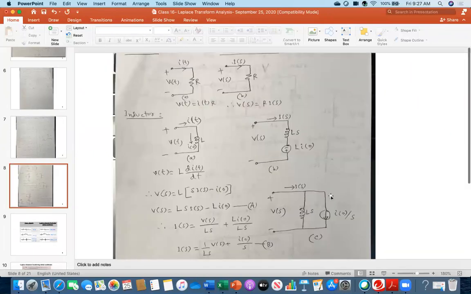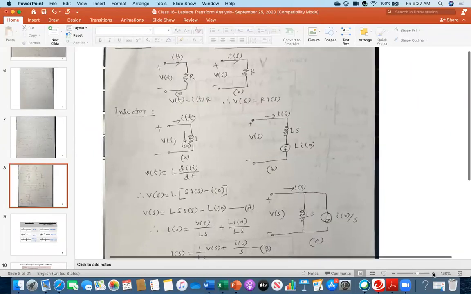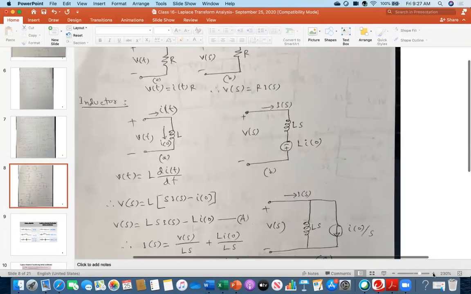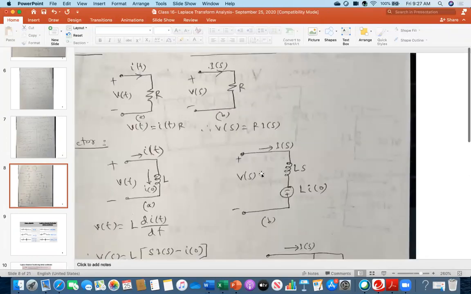Everybody see this. Let me make it bigger. This is for the resistance. This is in the time domain: I have a resistance component, and I am applying the voltage v(t), with current i(t) flowing.